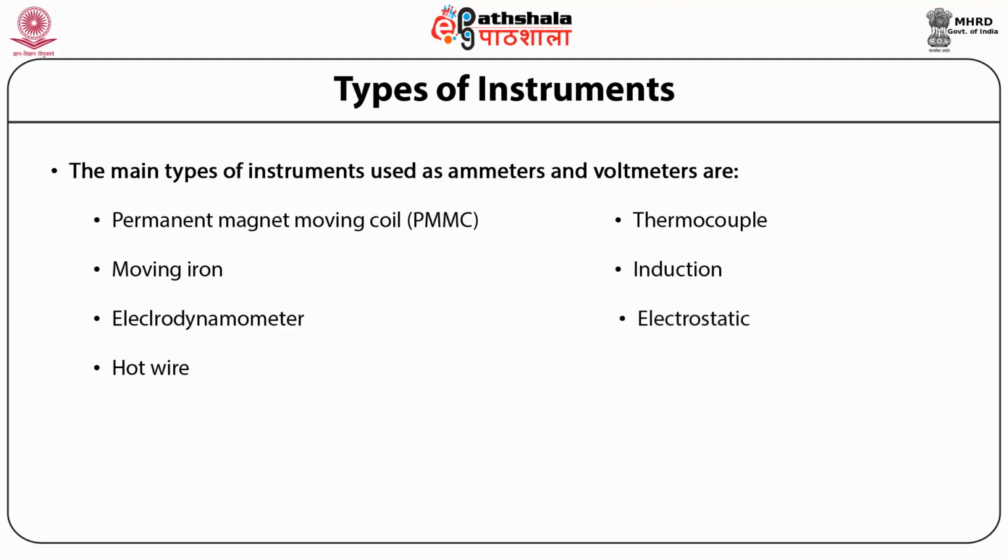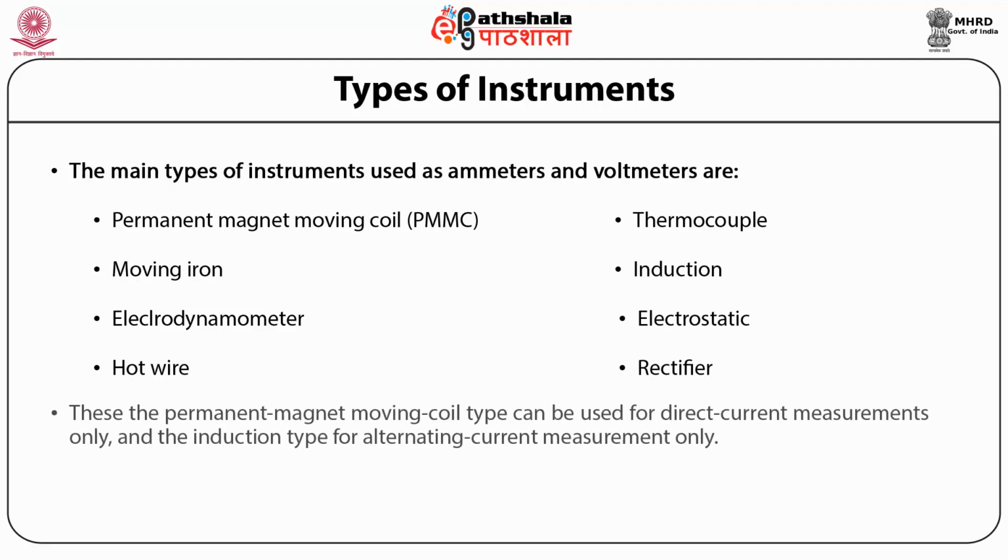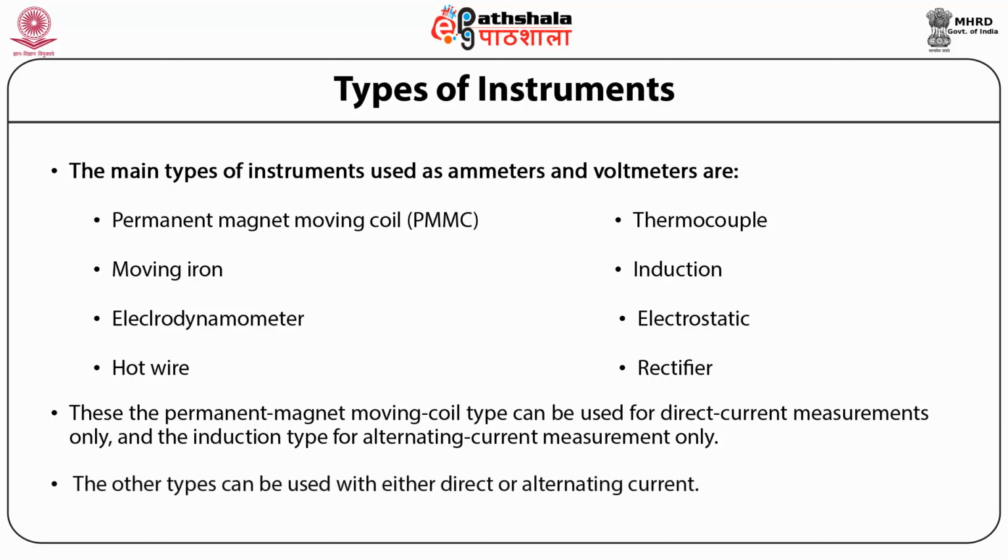Seventh, electrostatic. Eighth, rectifier. Of these, the permanent magnet moving coil type can be used for direct current measurements only, and the induction type for alternating current measurements only. The other types can be used with either direct or alternating current.